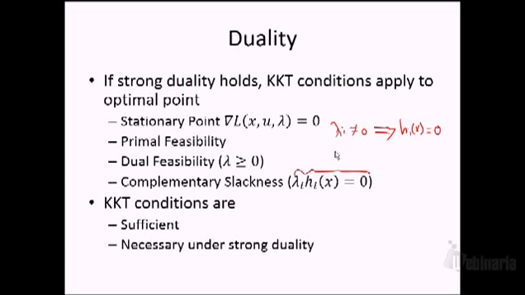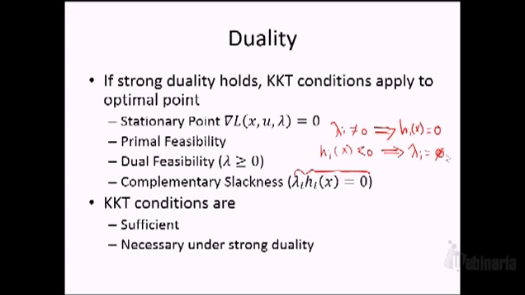It's just on the boundary. On the other hand, if the inequality constraint is strictly satisfied, lambda i has to be equal to 0. We will see that this complementary slackness condition will be very useful when we consider support vector machines.